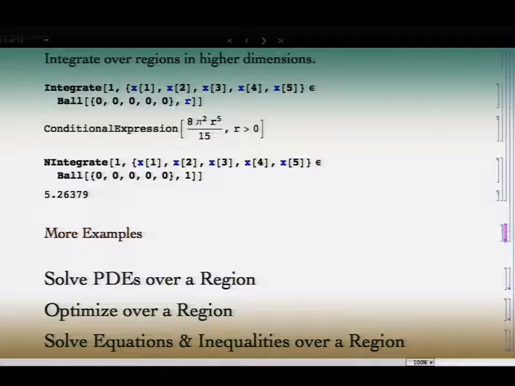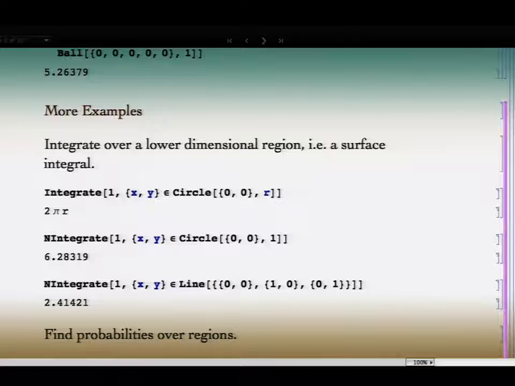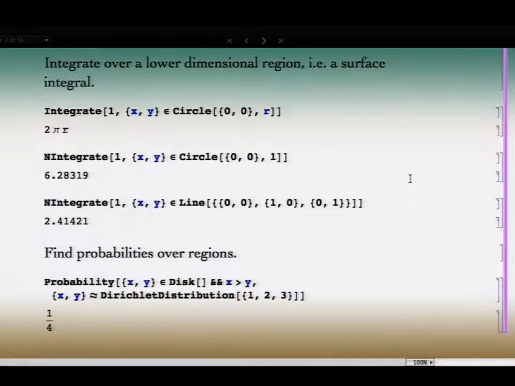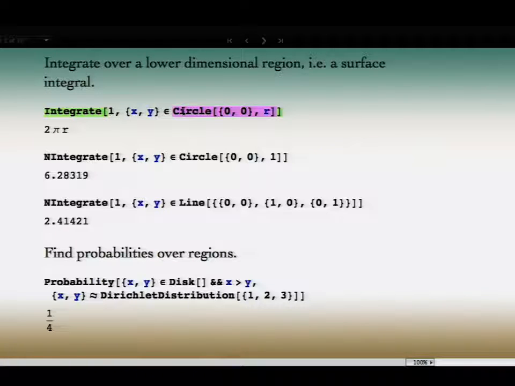Another interesting thing about integration is, what happens if I give it a curve, like a circle? Can I integrate over a circle as opposed to a disk? A disk is 2D, but I have two variables. The answer is yes, and it will change the measure, so it in fact performs a curve integral in this case.